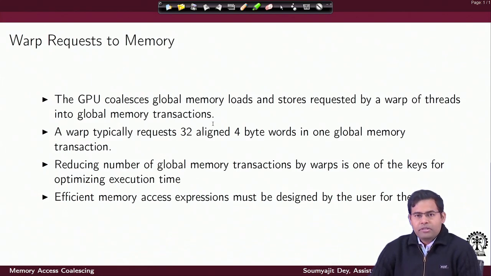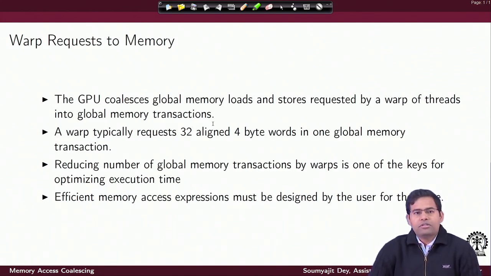Instead of accessing per thread, the GPU would try to merge the accesses together into global memory accesses. This is known as coalescing. So, the GPU coalesces the global memory loads and stores depending on whether threads inside a warp are looking for data sitting consecutively in the memory or not.